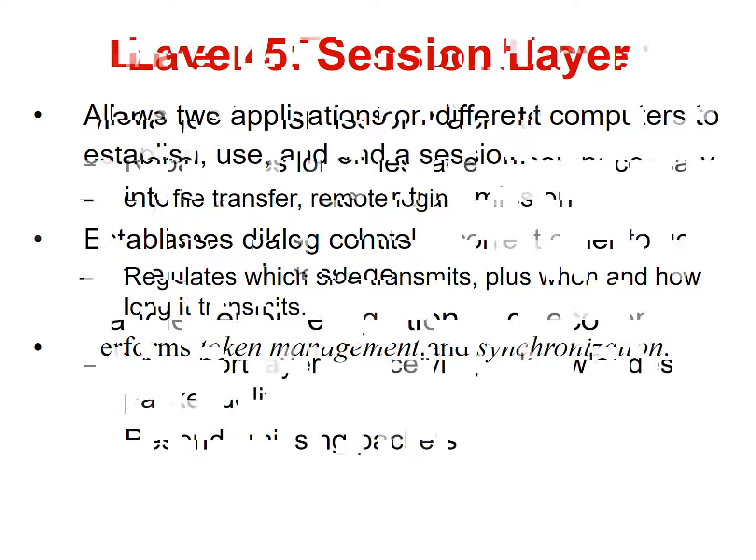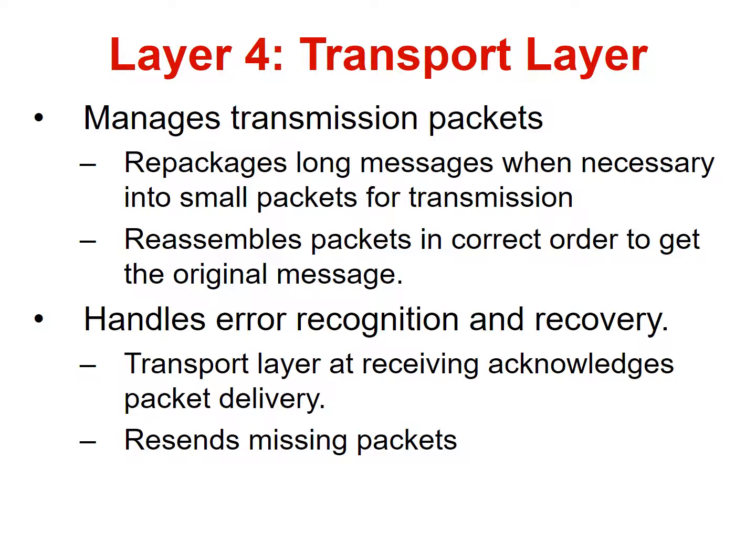We have the 4th one, which is the transport layer. It manages transmission of packets, repackages long messages when necessary into small packets for transmission, and reassembles the data in the correct order to get the original form.